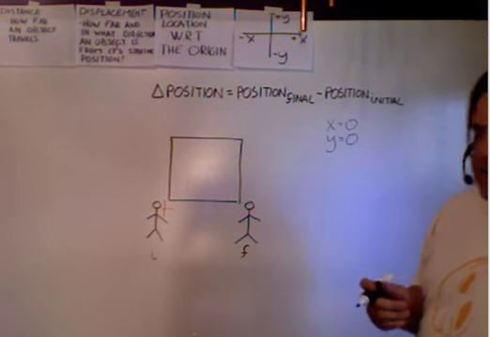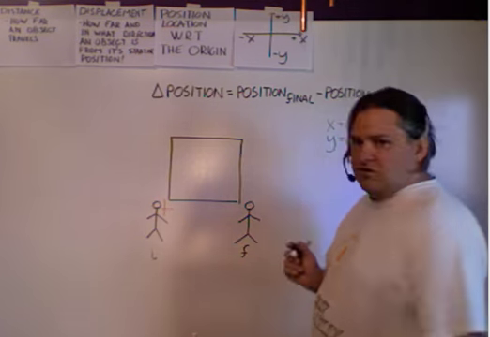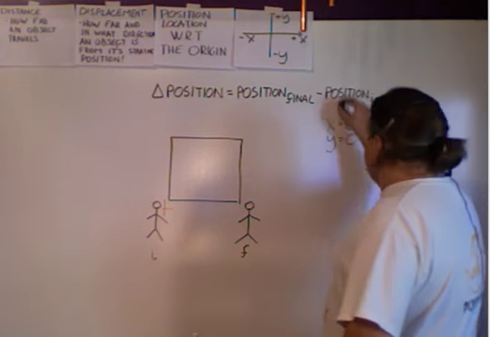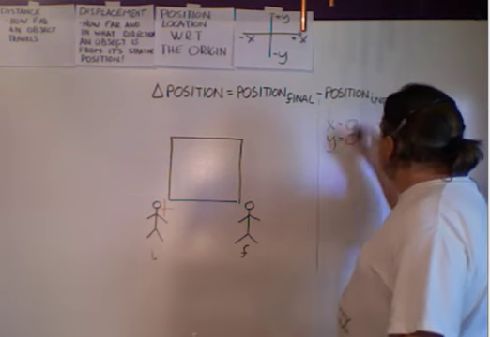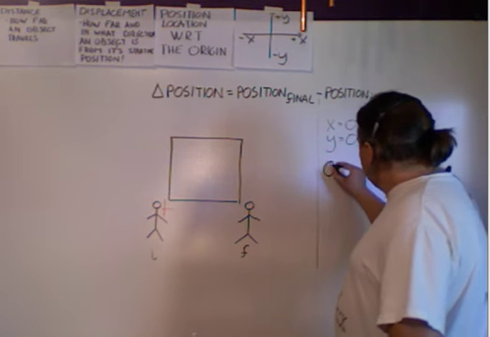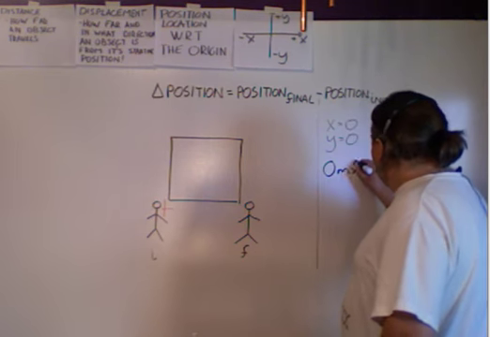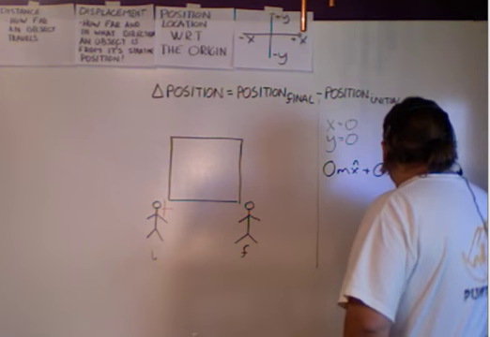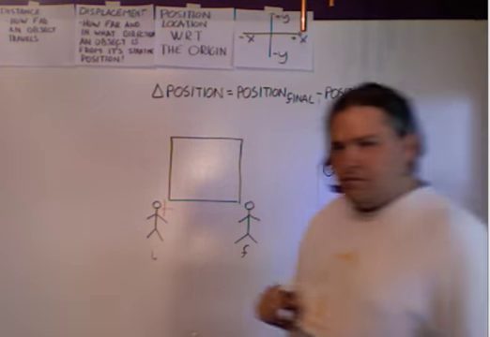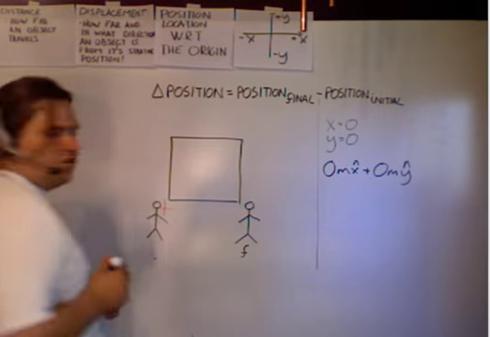So if his position is at the origin, that means his initial position is going to be expressed as, and I'm going to write it directly under this initial position and think of it as a line. His initial position is 0 meters x hat plus 0 meters y hat. Okay? So that's his initial position.